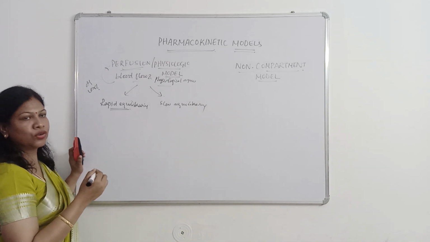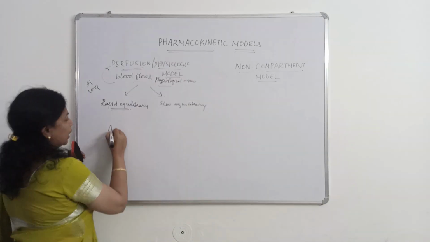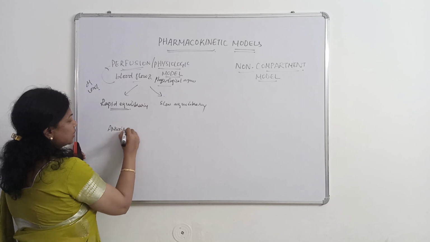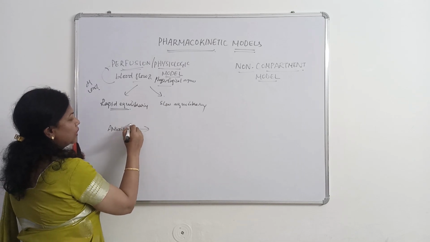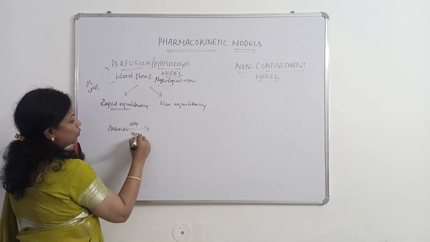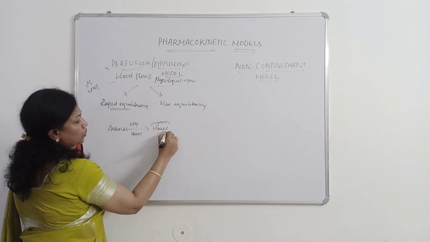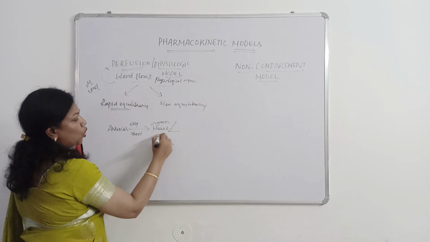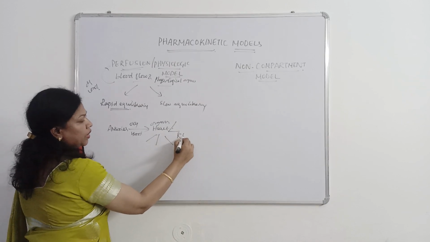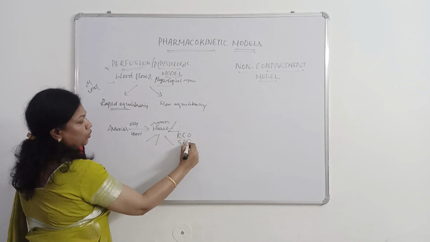Arteries carry blood, mainly oxygenated blood, to different organs, first of all to the heart, and it is pumped to all the organs, either rapid or slow equilibrating organs.